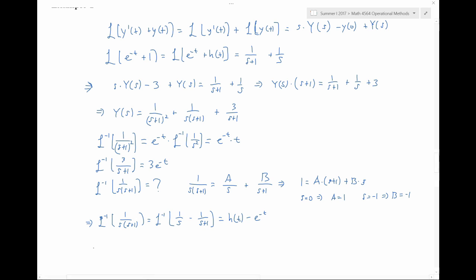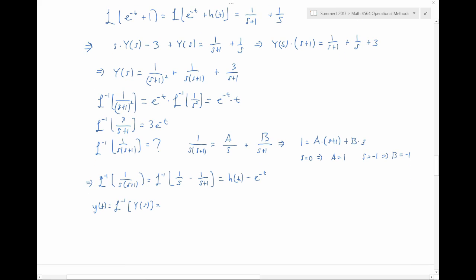If we combine these results, we will get that the inverse Laplace transform of capital Y of s equals e to the minus t times t plus 3 e to the minus t plus the Heaviside function minus e to the minus t.